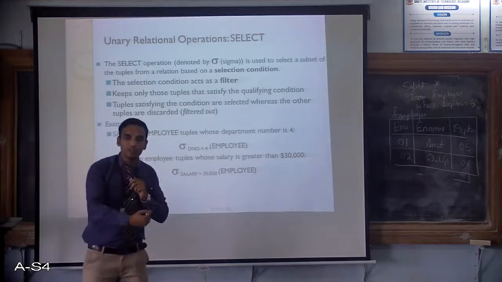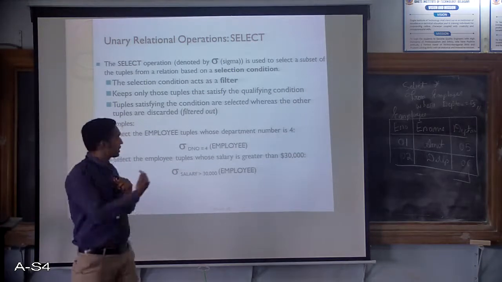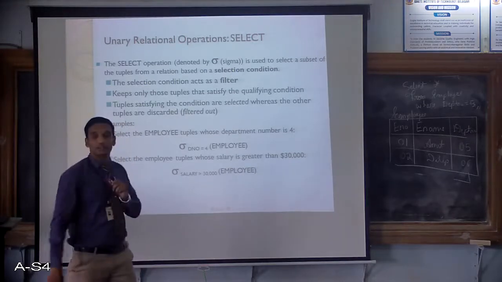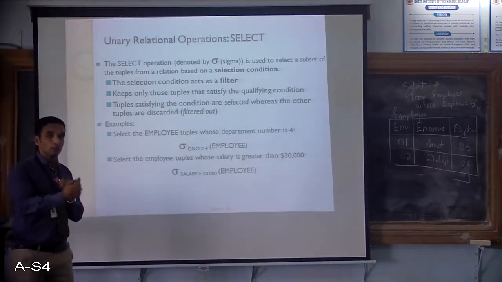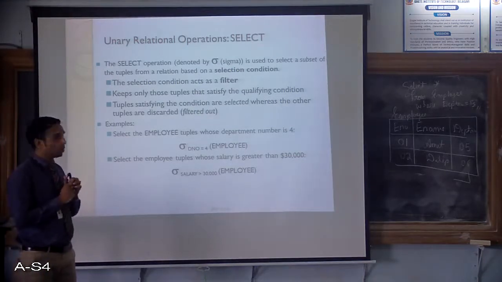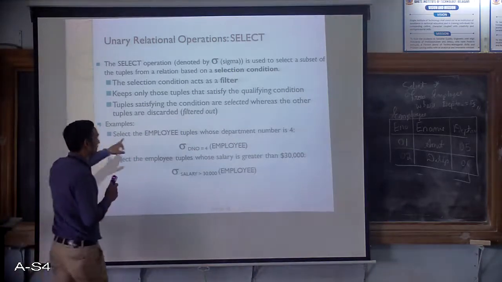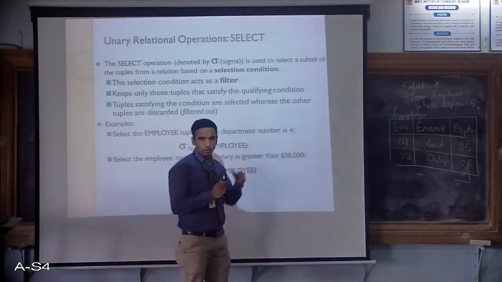The same thing should be written in relational algebra now. So to do that, relational algebra comes with a notation called the unary select operation. Select operation selects the rows from a table. So if that is a table, and for example I want to select the employee tuples, that is rows, whose department number is 4, how would the condition work?